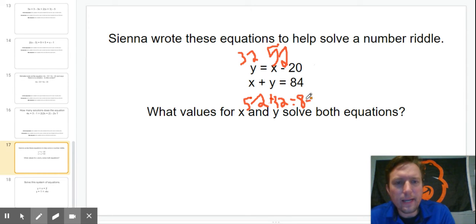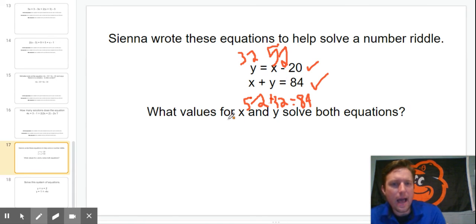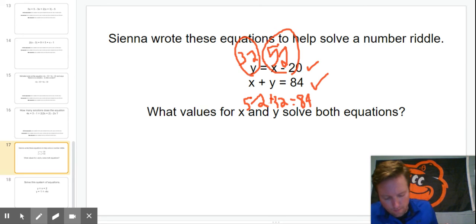So what that means is this equation is true now, and this equation is true now. So I have found my values for both x and y. X equals 52, y equals 32. It makes both of my equations correct.